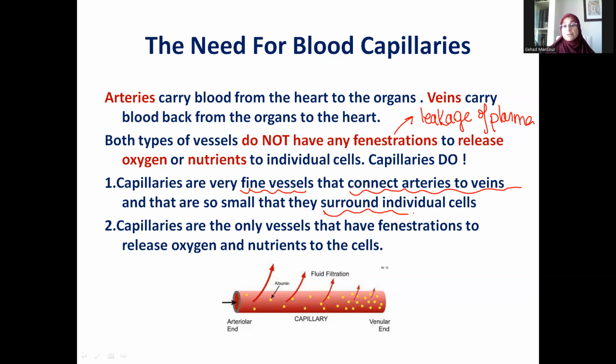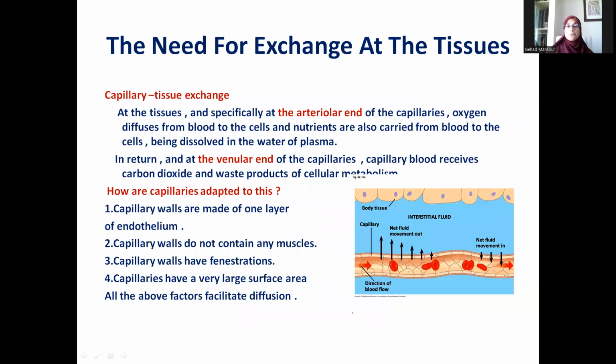They surround individual cells, and sometimes some tissues are so richly supplied with blood that every cell is surrounded by minute, very small blood capillaries. And we have just said that they are the only blood vessels that have pores or fenestrations in order for fluid to be filtered out of the blood capillary carrying oxygen and nutrients to the cell.